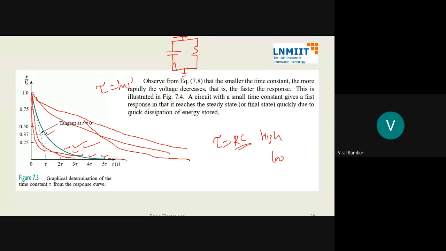If the time constant is very low, then we can discharge it immediately. Sir, here tau would be 0, so we can remove R. If you don't use R, replace R with a short circuit. Yes, sir. Then it will go to infinity and everything will change instantly.